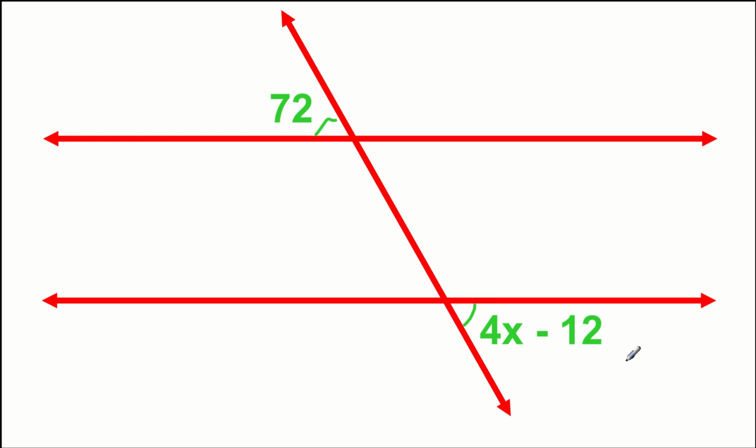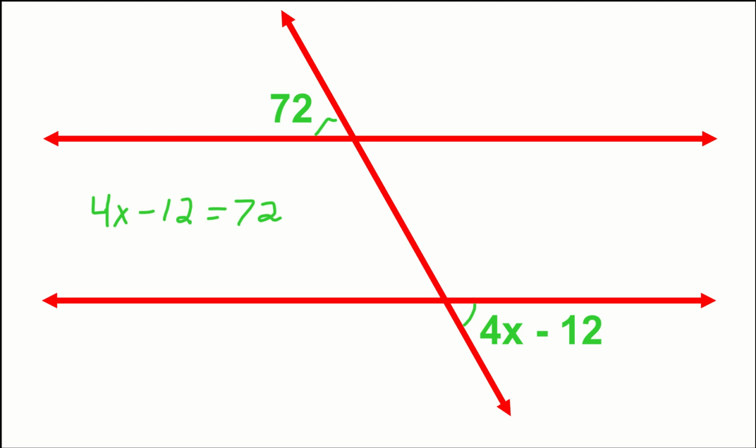If they are the same, what's that mean? Well, they're equal to each other, right? So in this case, they're going to equal 72. So I make 4x minus 12 equals 72. Everybody good with how I got that equation? They're both the same, so we set them equal to each other.